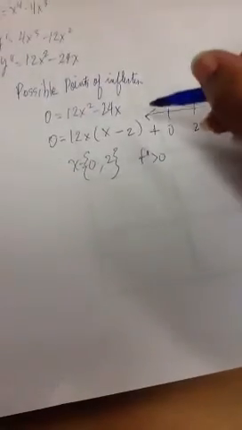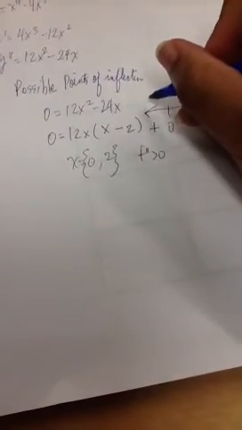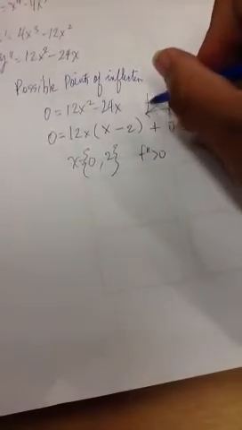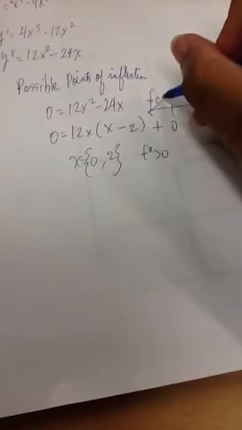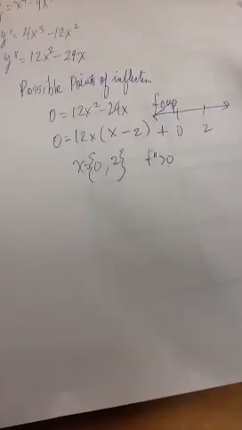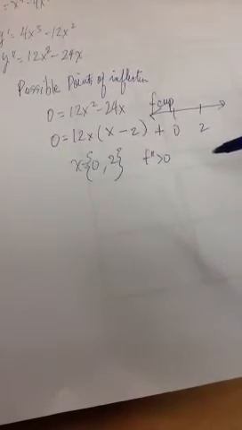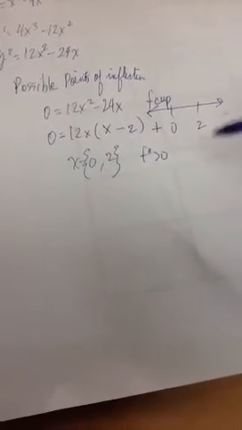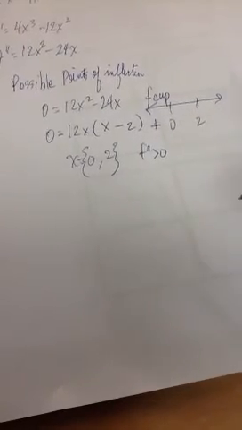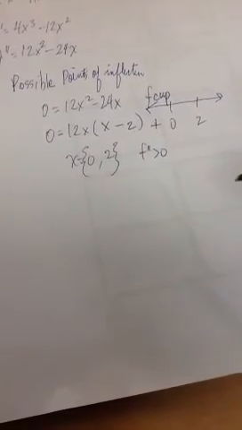So what does that mean about my function? My function will be concave up. So I want to put C up. That makes sense. From 0 to 2, what's a good number there? Well, 1.